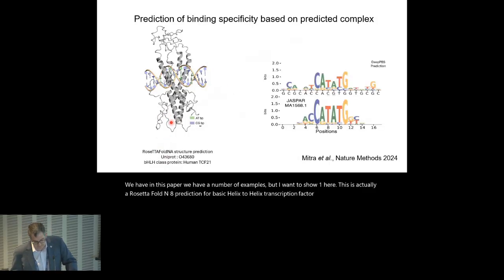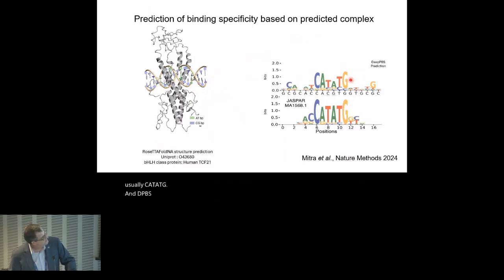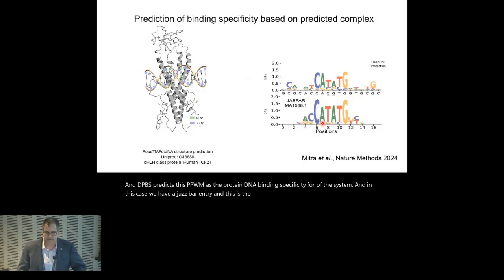And we know that all bHLH proteins bind to E-boxes or enhancer boxes of 6 base pairs that are usually CACGTG. And DPBS predicts this PWM as the protein-DNA binding specificity of the system. And in this case, we have a JASPAR entry, and this is the experimentally measured protein-DNA binding specificity.